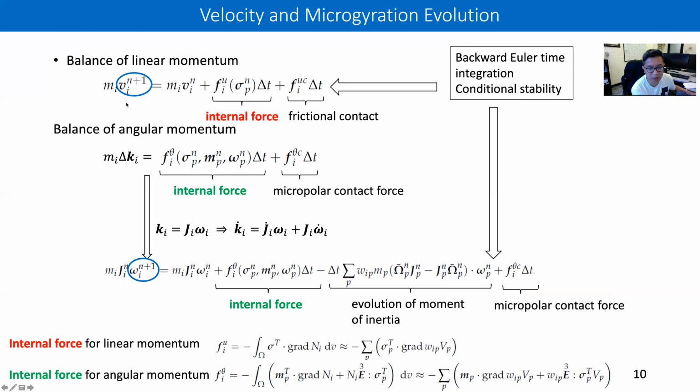So this is the update of the kinetic law. We have the internal force, the evolution of the moment of inertia, which is the new term unique for the micropolar material point method, and then the contact.